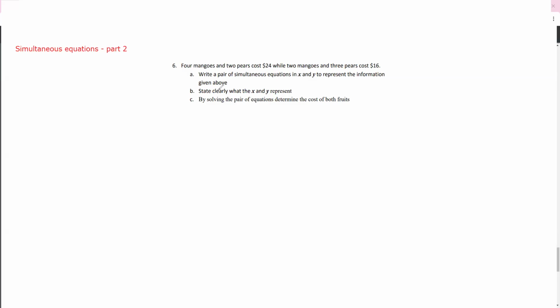State clearly what the X and the Y represent, and by solving the pair of equations, determine the cost of both fruits. Now, sometimes they'll tell you what is X and what is Y. If they don't, you select or you choose which is which.